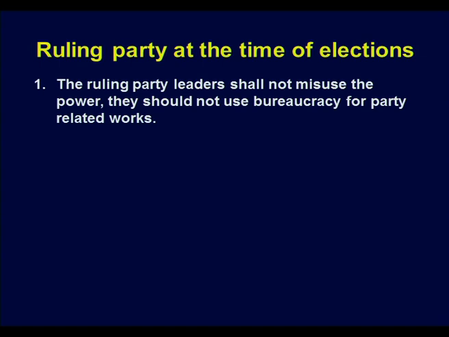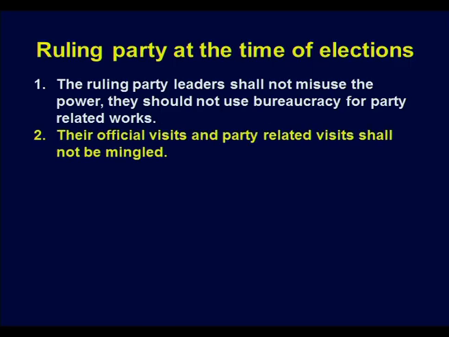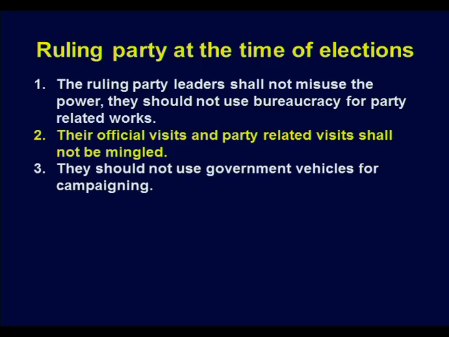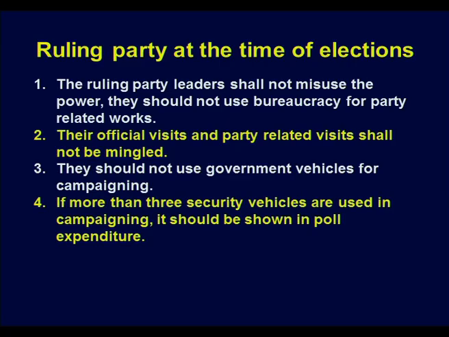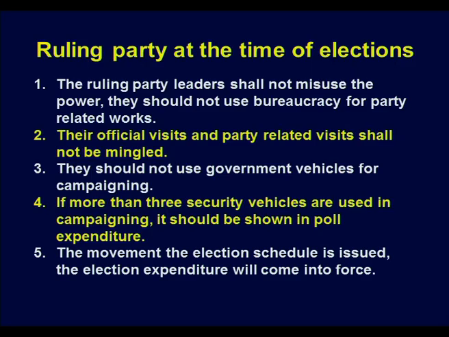That means they should not use bureaucracy, meaning government officials, for party related works, and their official visits and party related visits shall not be mingled. They should be separate. And they should not use government vehicles for campaigning. And if more than 3 security vehicles are used in campaigning, it should be shown in poll expenditure. The moment the election schedule is issued, the election expenditure will come into force.